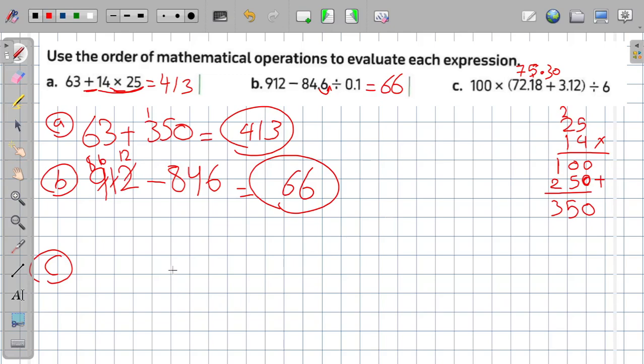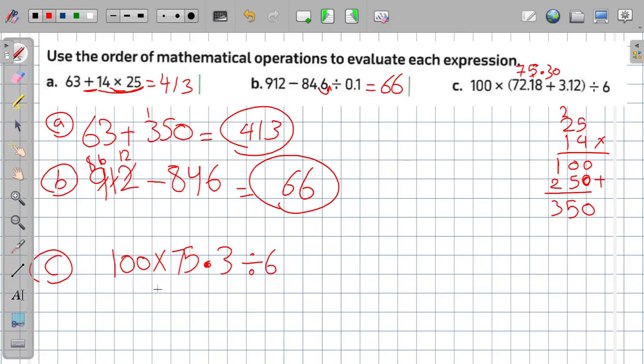Okay. So I have now 100 times 75.30, or I can say it's 75.3, divided by 6. So first I have a multiplication operation and division operation. Let's do the first one from the left.